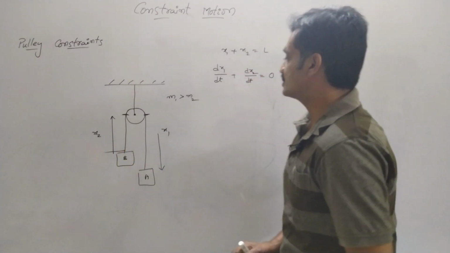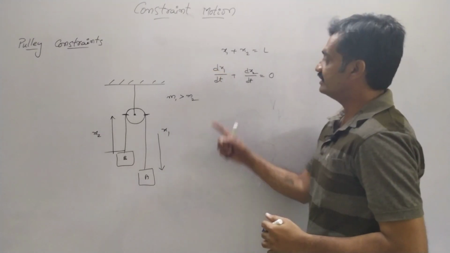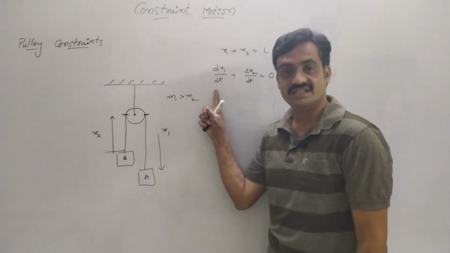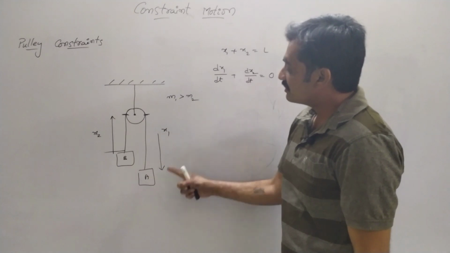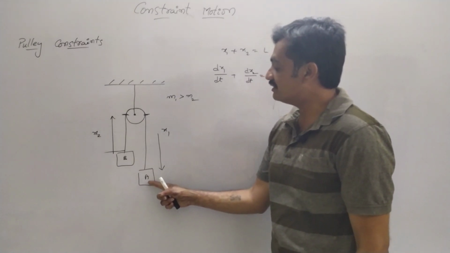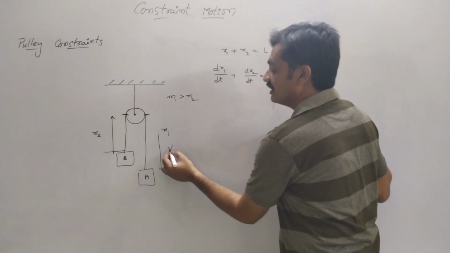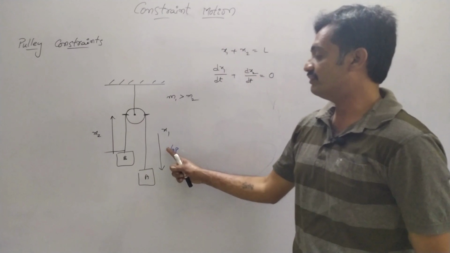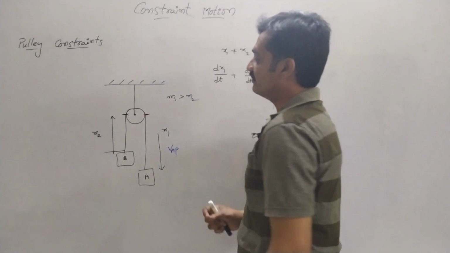Now we have to represent the velocity of the block with respect to x1 and x2. Observe this dx1 by dt, which is nothing but the rate of change of displacement. Here we are going to represent the velocity of block A with respect to the pulley as V suffix AP, based on this reference frame.